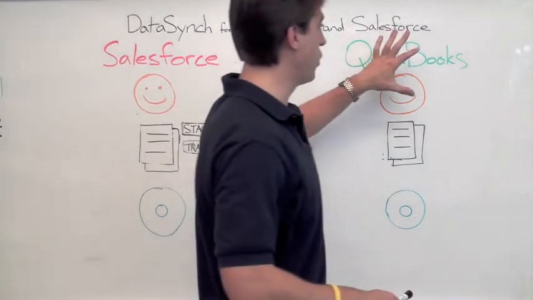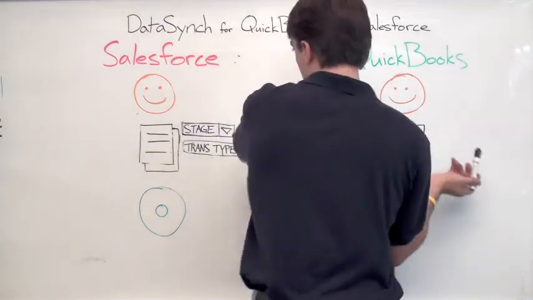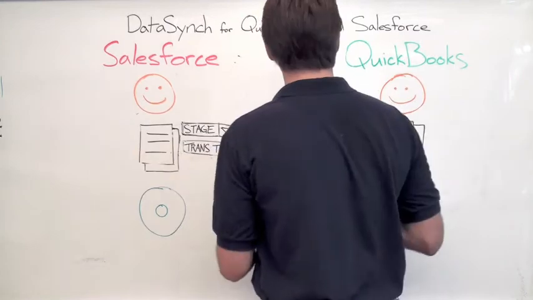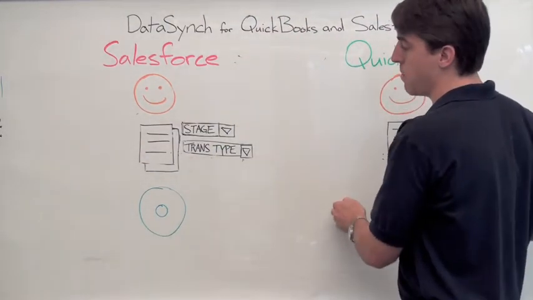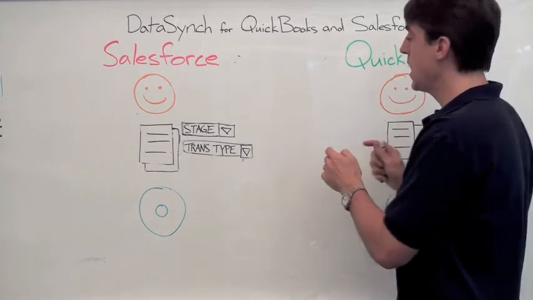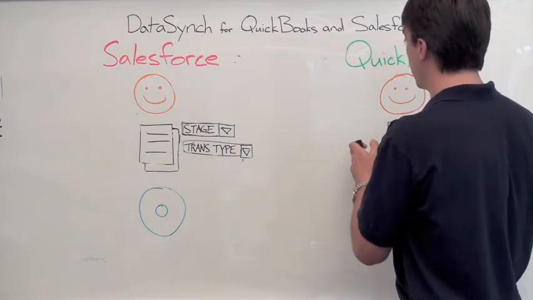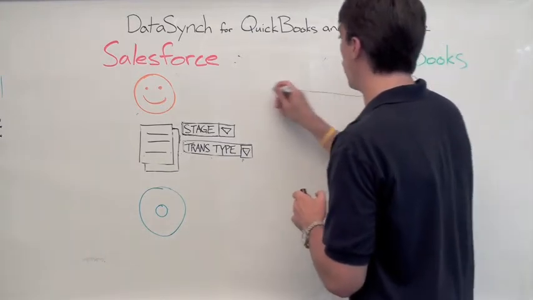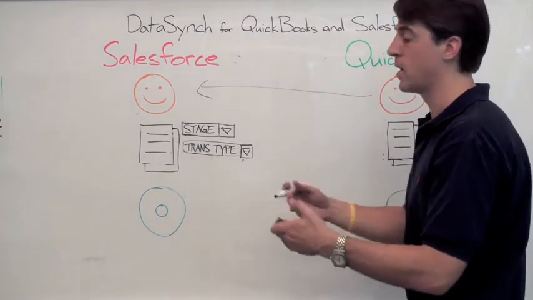Now, if you're instead using QuickBooks for all your data entry and you want it to go into Salesforce, it's actually a lot simpler. Because QuickBooks acts as the master, we don't have any complicated fancy triggers. If you create a customer in QuickBooks, you don't have to do anything else. We will automatically create an account in Salesforce during the next runtime.